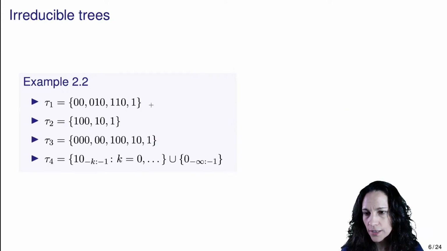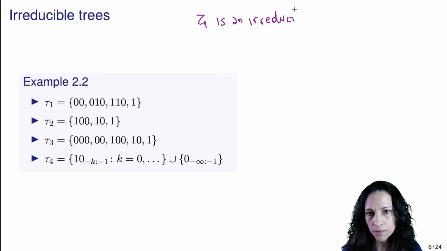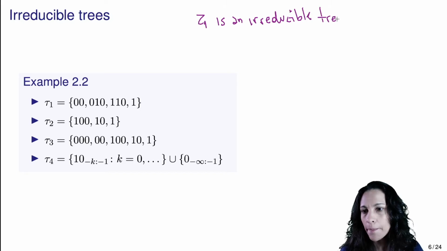Let's consider these sets of strings here, tau1, tau2, tau3, and tau4. Let's begin with tau1. Here tau1 is composed by the sequences 00, 01, 10, and 11. We see that tau1 is an irreducible tree because no sequence here is a suffix of another sequence.